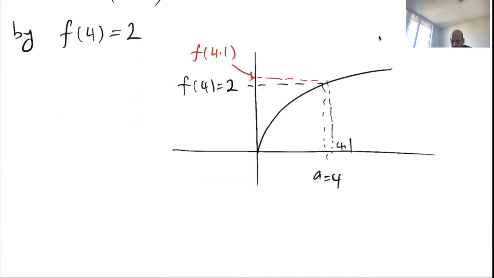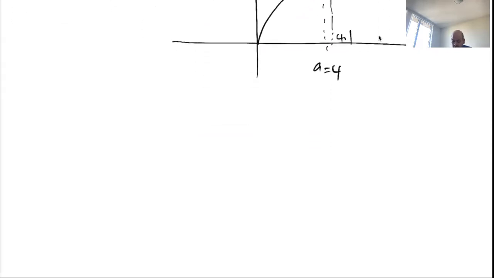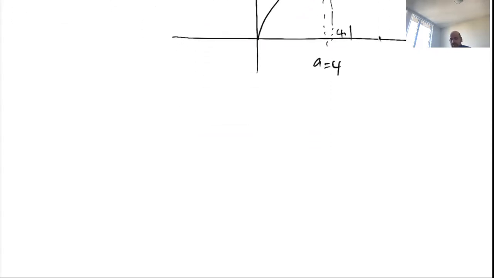According to or using the constant function approximation method. This is the simplest type of approximation that we can have.